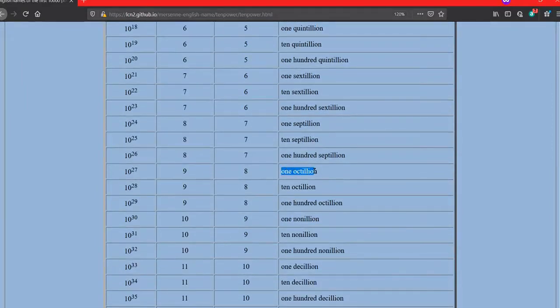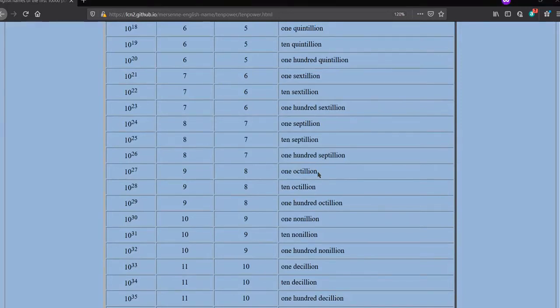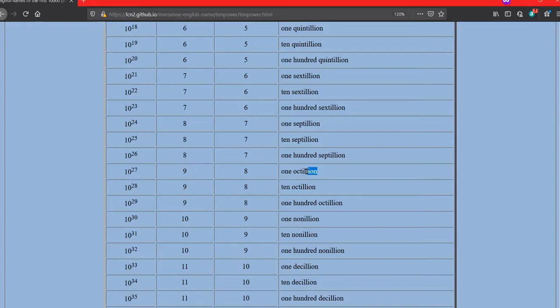Here we have it. An average size human being has roughly 7 octillion atoms.